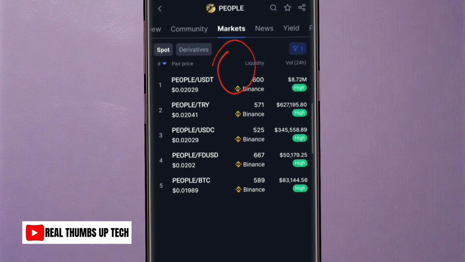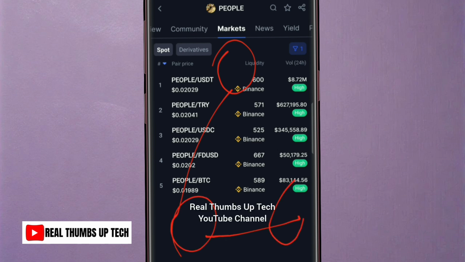So use your USDT to buy BTC. Use BTC to buy People. Then convert that People back to USDT. All right. So this is how this thing can give you a profit based on what we are seeing here on CoinMarketCap. Okay. So we are going to illustrate it to show you if this is working or not.